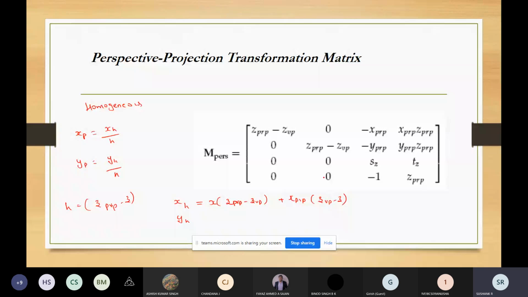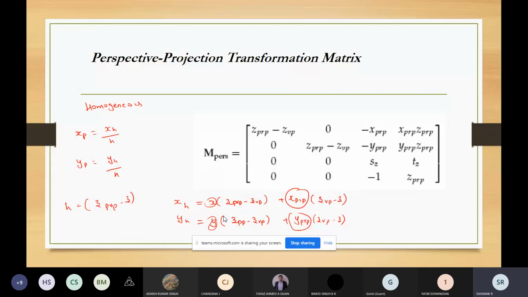You can see this is the same one which we referred to in the previous case. Here it is y into zprp minus zvp, plus yprp into zvp minus z. The only thing is these values are changing. So these are the equations.